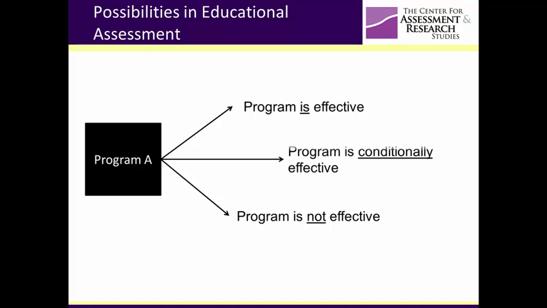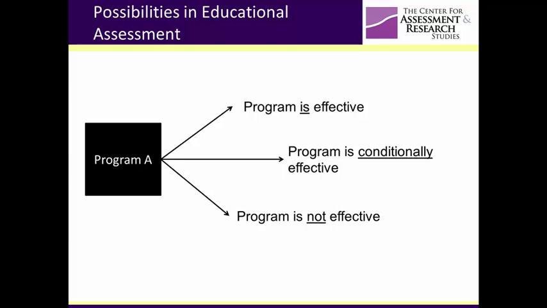Now, technically speaking, there's a third possibility. The third possibility would indicate that the program is in some way conditionally effective. In other words, the program may be effective for some students, but not others. Perhaps an educational program or some form of counseling treatment is more effective for females as opposed to males.